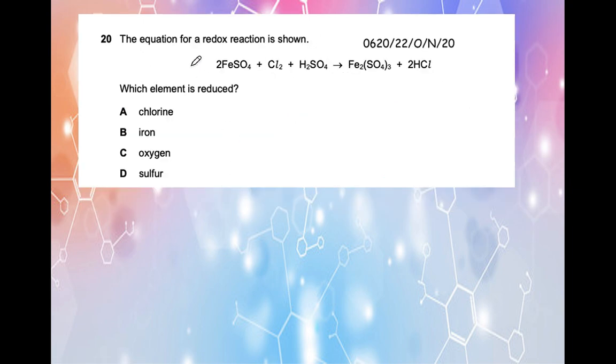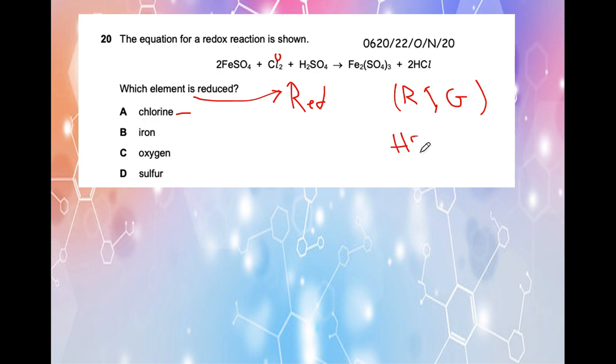For the last question, the equation for a redox reaction is shown. Which element is reduced? So reduced means reduction process. Yes, reduction process, remember, it's gaining of electrons. So we're going to search for which item here gains electrons. Let's start with the chlorine. Chlorine was 0. Let's see the chlorine here.